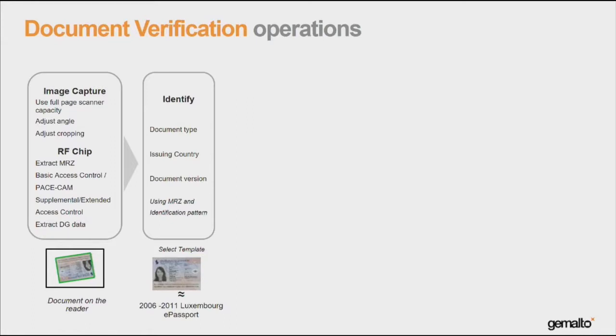Then the next step is identifying the document to determine the document type, the issuing country, and which particular generation. In the example on the bottom, it's purportedly a Luxembourg ePassport, but at this point we're not very sure whether it is.